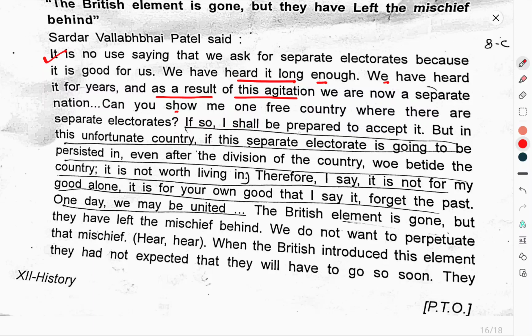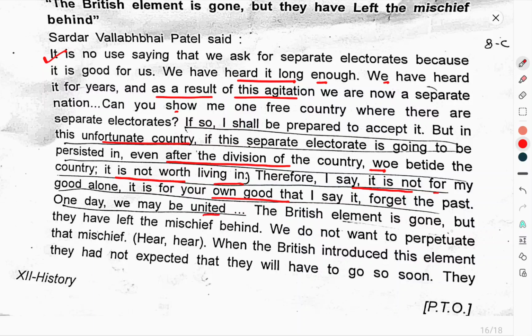If so, I shall be prepared to accept it. But in this unfortunate country, if separate electorates are going to persist even after the division of the country, woe betide the country. It is not worth living in. Therefore I say it is not for my good alone, it is for your own good that I say forget the past. One day we may be united.